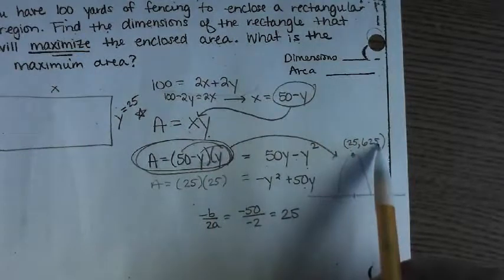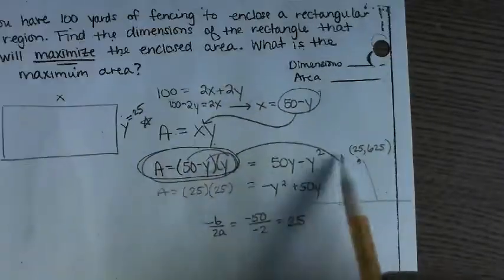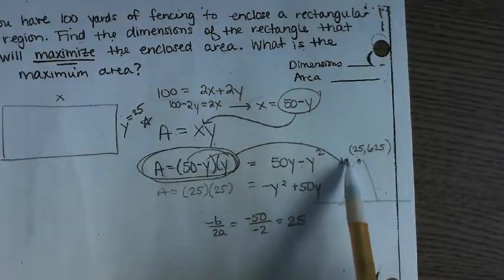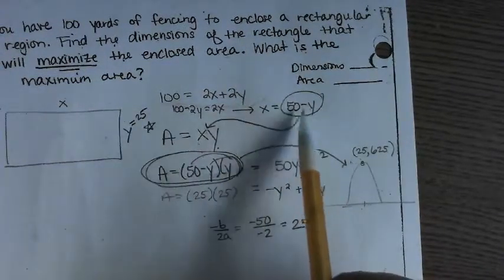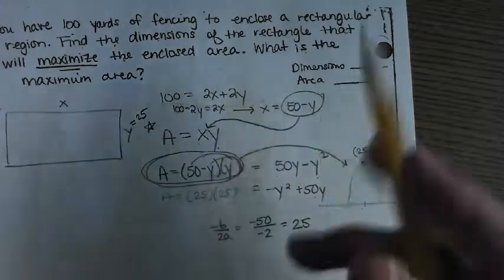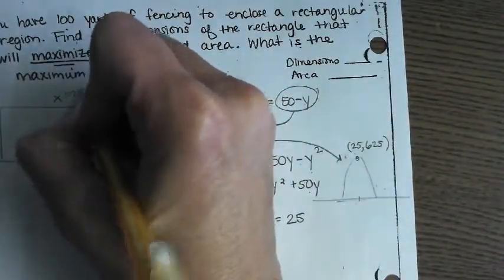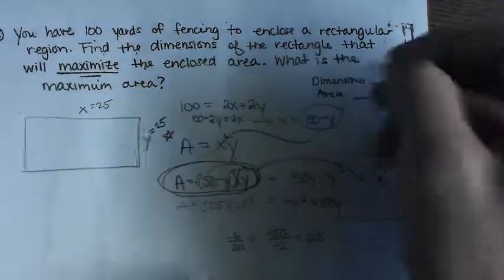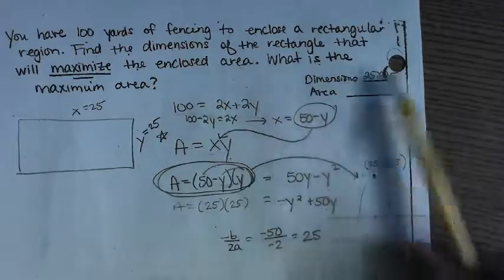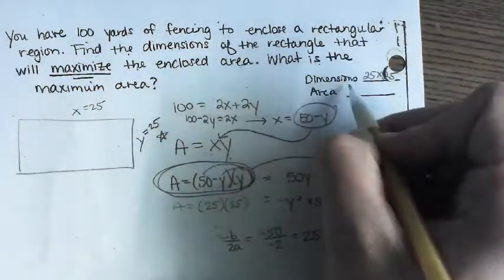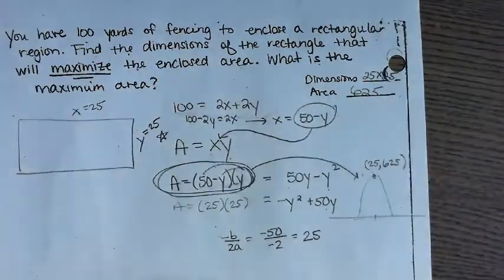The output is our area, 625. So if our y coordinate is 25, our x coordinate is 50 minus 25, which is also 25. So the dimensions that maximize the area are 25 by 25. The area, 25 times 25, is 625.